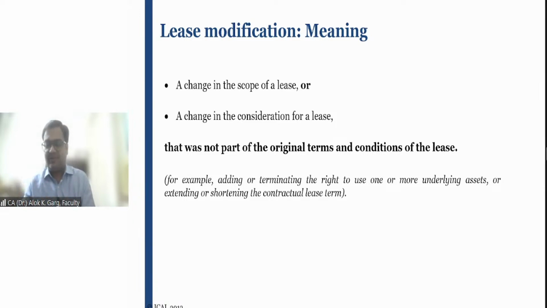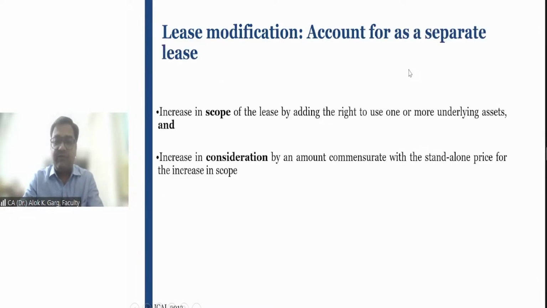This is known as a consideration change. Third, from a 10-year lease term to 15 years, or from 10 years to 6 years. This is known as a change in lease term. So a change in scope, lease term, or consideration which was not part of the original terms and conditions of the lease is known as lease modification. We all have understood the meaning of lease modification, right?